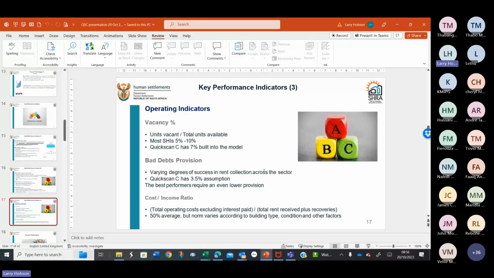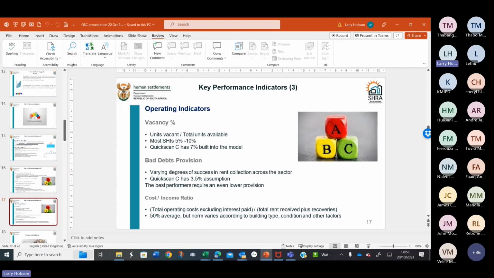And then we move on to the bad debts provision, where this shows the success in your rent collection. There's different records of success in rent collection across the sector.